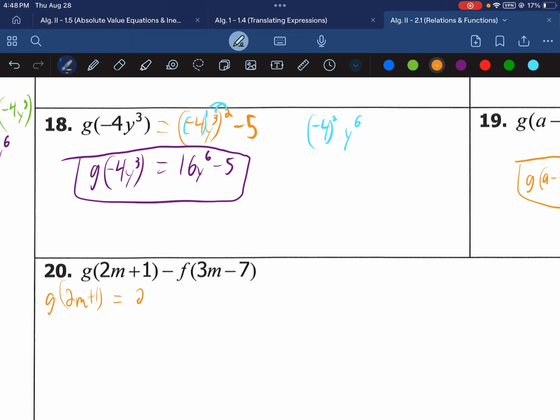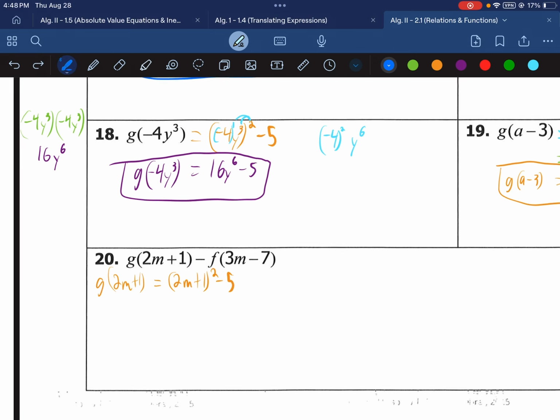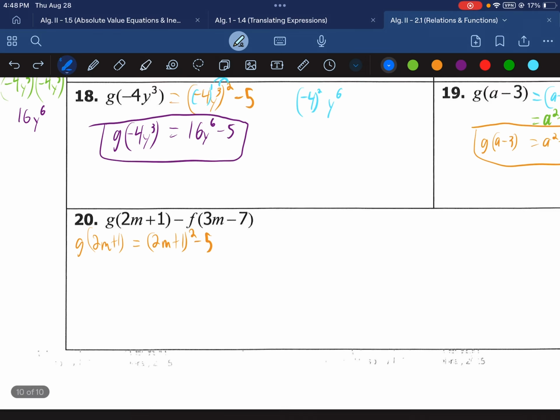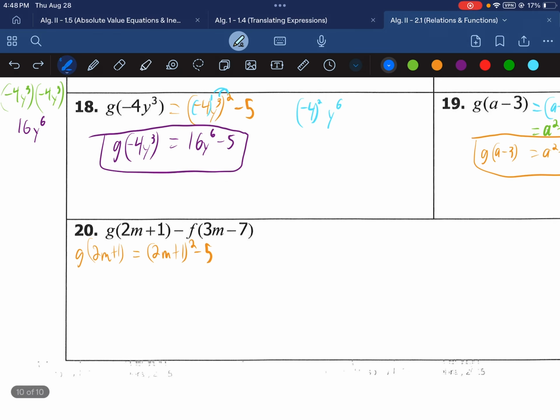So g of 2m plus 1 would be 2m plus 1 quantity squared minus 5. Once again, because there's addition or subtraction in the parentheses, we can't just do this trick. That would not work here. We instead want to write it out twice. Now I will note that as we write it out twice, there's also a shortcut that I'll show afterwards.